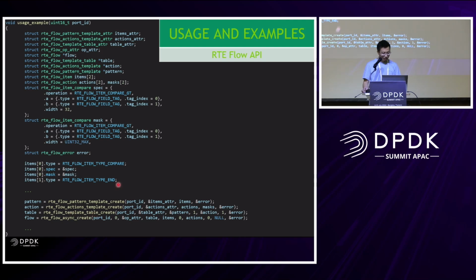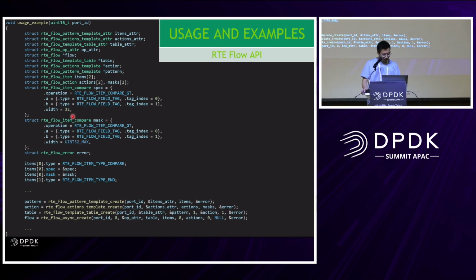Okay. So let's see what we have done in this example. So in this example, we just create a comparison item. You see, in this we just specify, we just want to compare two tags. The fields to be compared are tags. You see, and the tag index 0 and 1. Okay. And yeah, for width, what we want to compare is 432 bits.